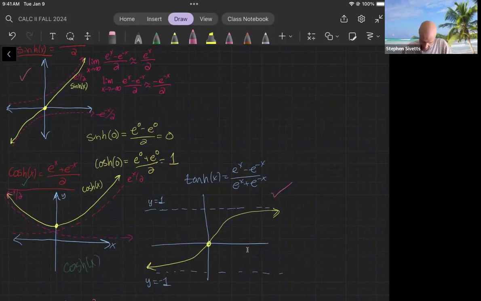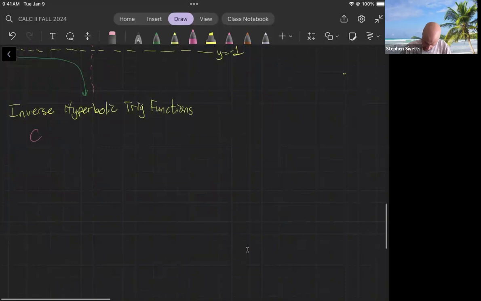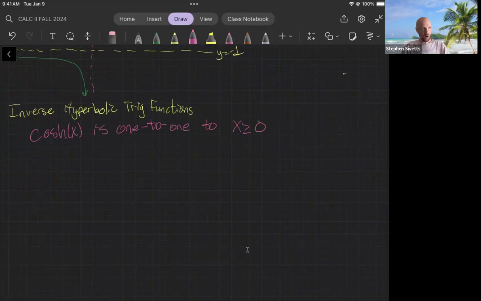So in this case, if I restrict my domain for the inverse function for cosine to all values that are greater than 0, then yes, we will have a one-to-one function, right?